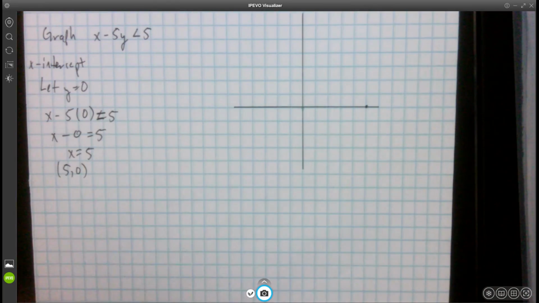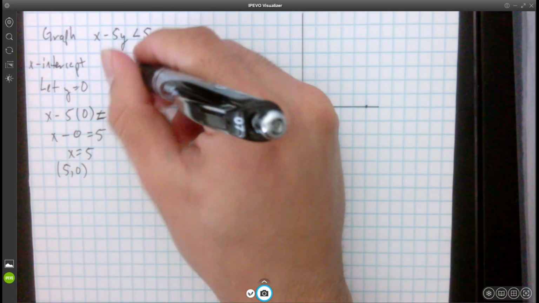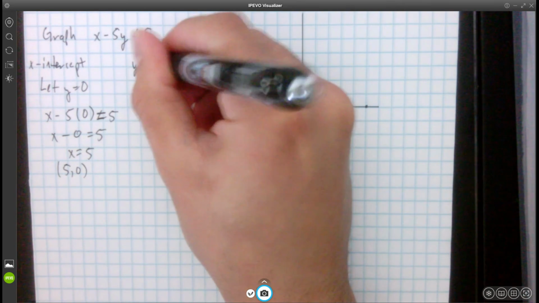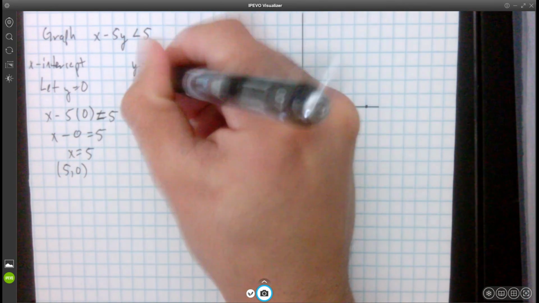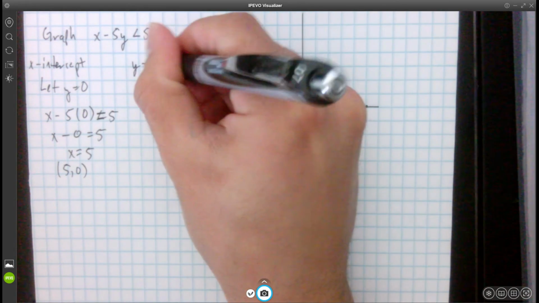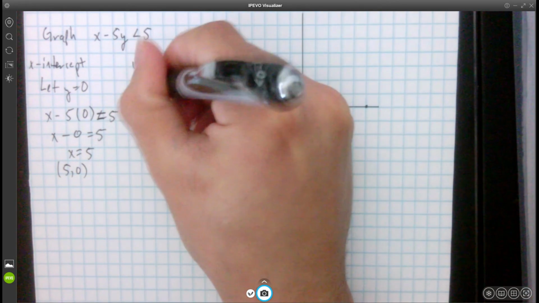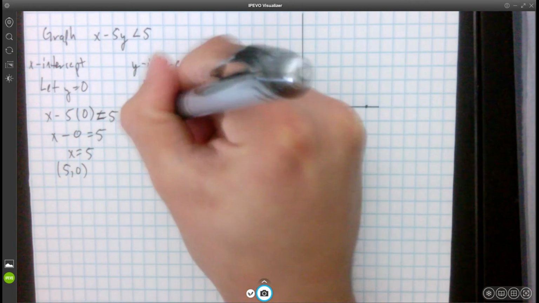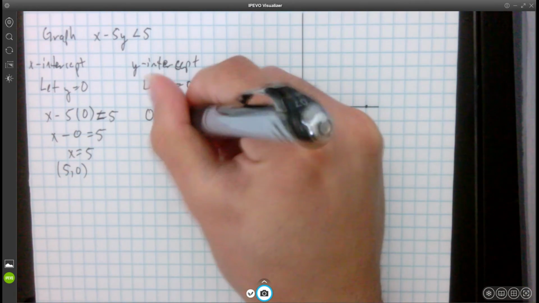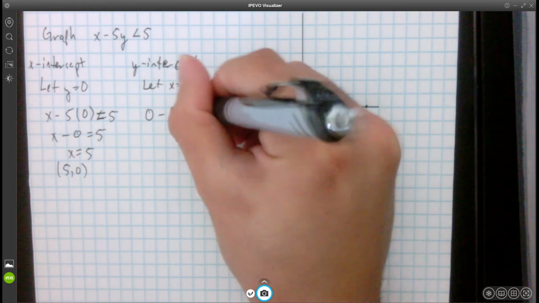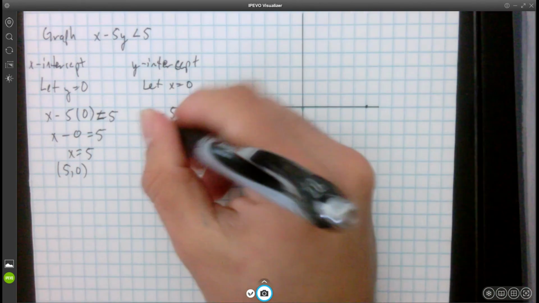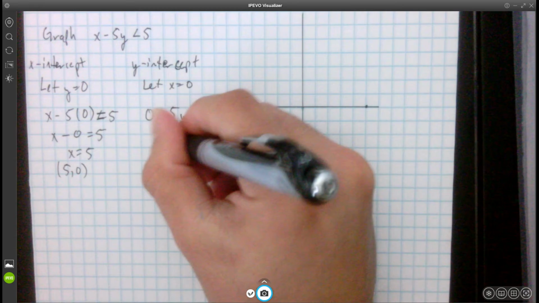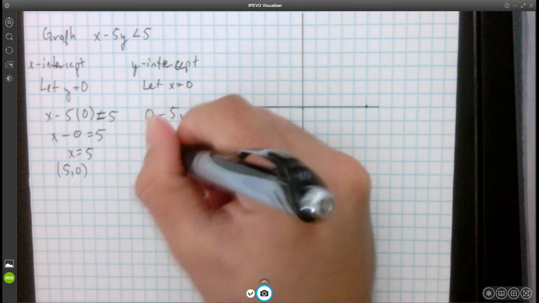That's my x-intercept. Now I'm going to find my y-intercept, and I'm going to let x equal 0. So it's 0 minus 5y is equal to 5, which leaves me with negative 5y equals 5.